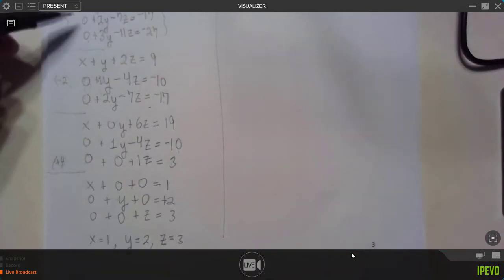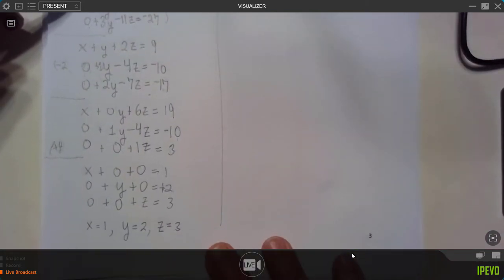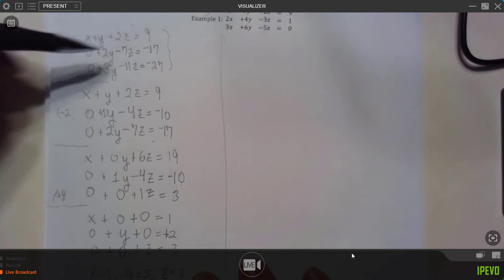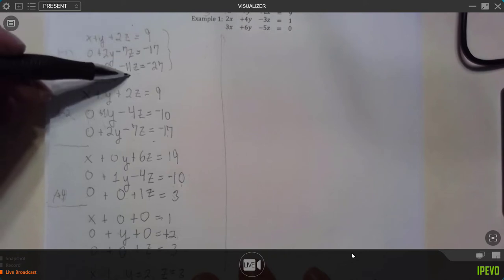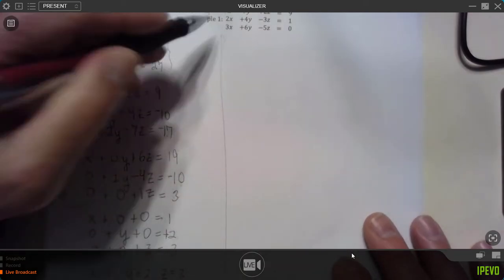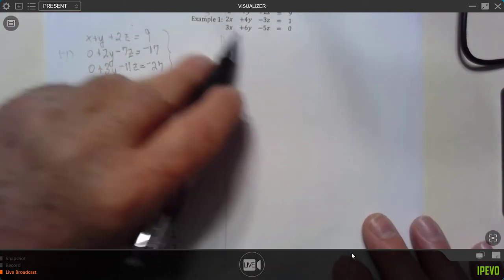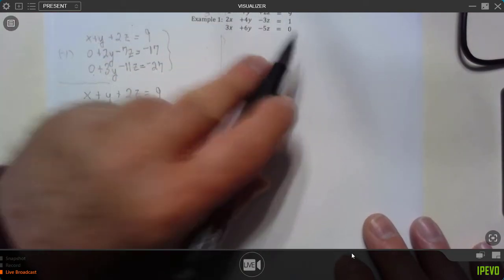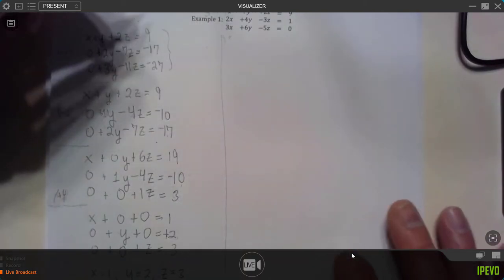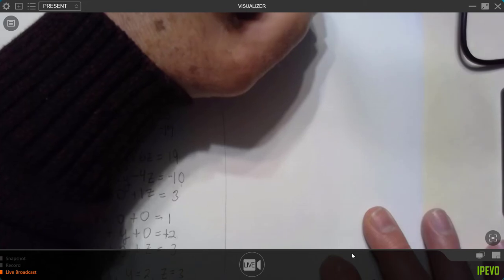If you think about it, the way this is set up, the x variable is always in the first column, the y variable is always in the second, the z is in the third, and the constants are always on the right hand side. So really all I need are these numbers, which are the coefficients on the variables, and then the numbers on the right hand side. So this is another way of writing this system.